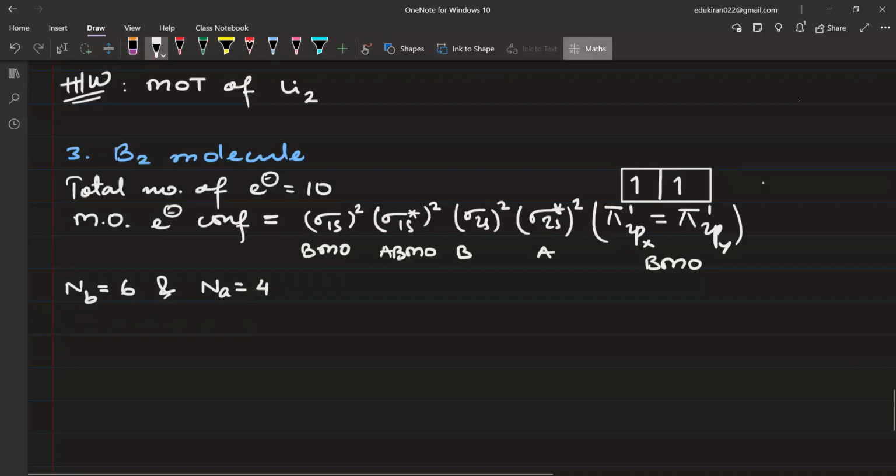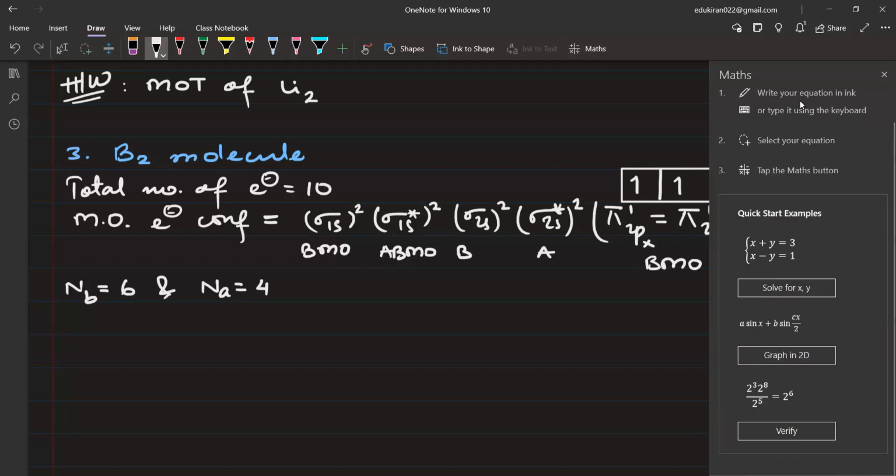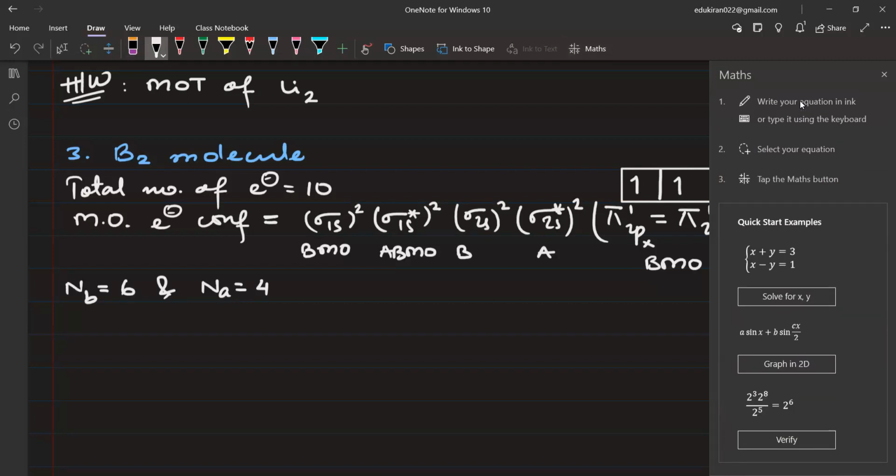एक सेकंड जरा रुकिए, ये मैथ्स वाली चीज क्या है, हमने देखा नहीं कभी। Write your equation in ink.